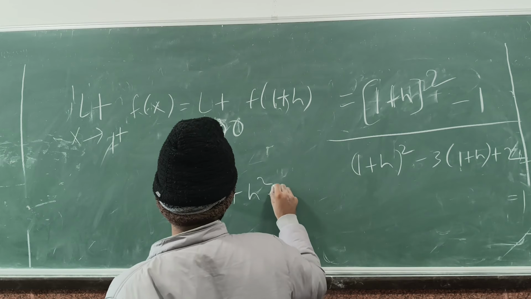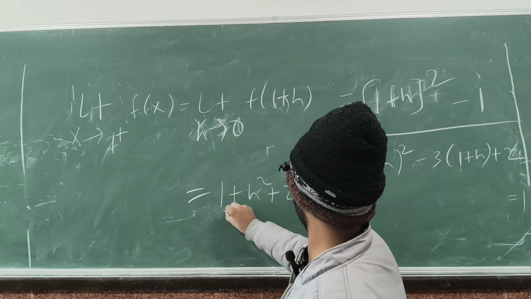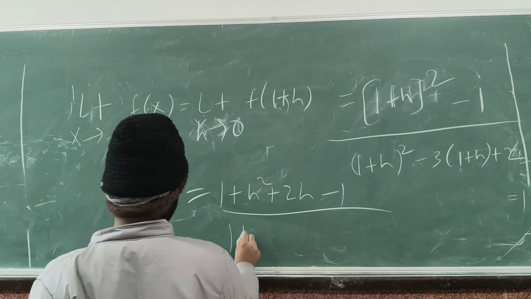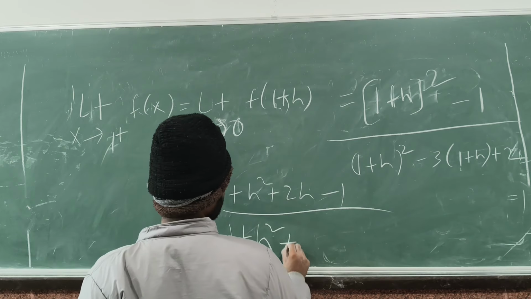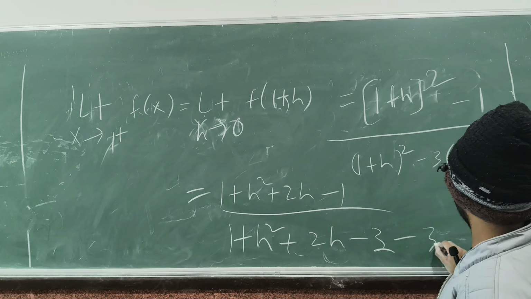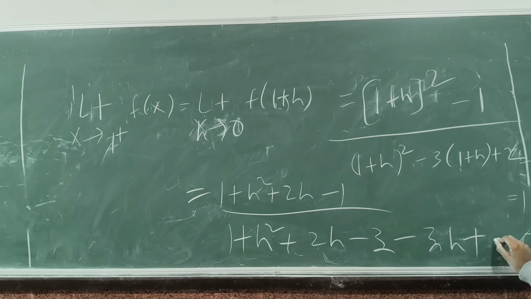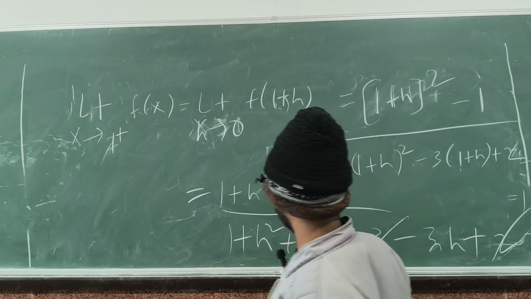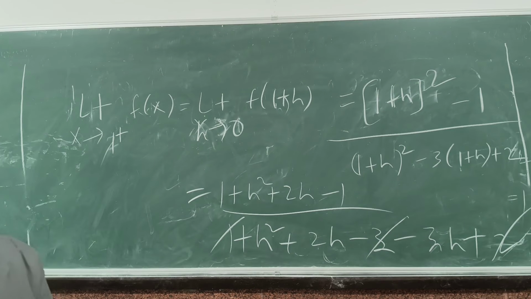The numerator is h square plus 2h, and the denominator is 1 plus h square plus 2h minus 3 minus 3h plus 2. The plus 2 and the minus 1 plus 1 can be cancelled.